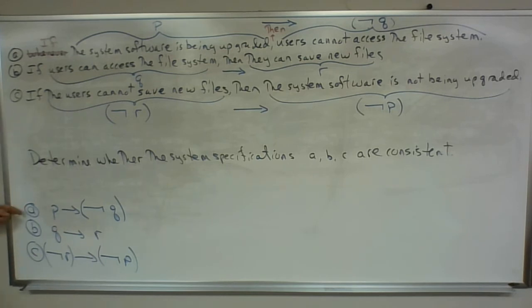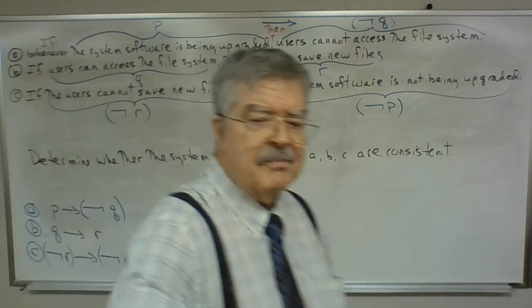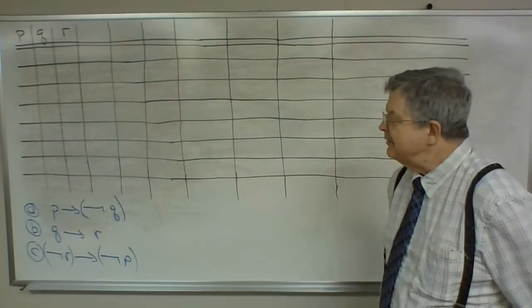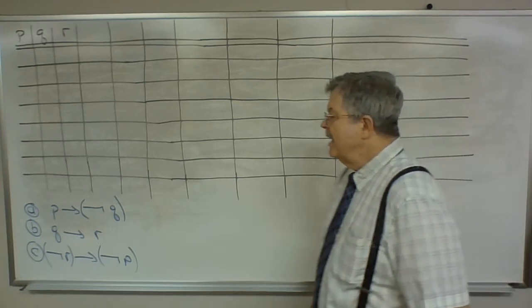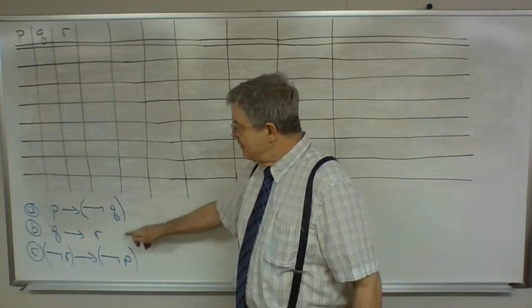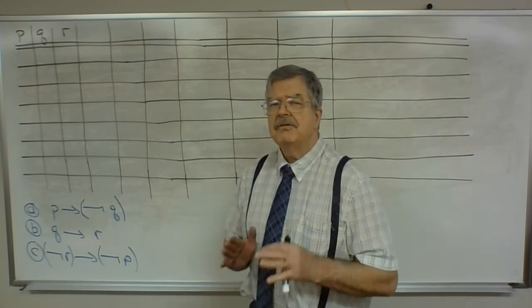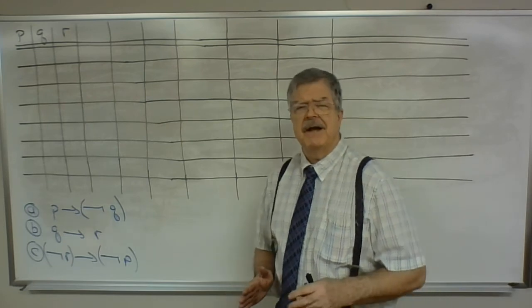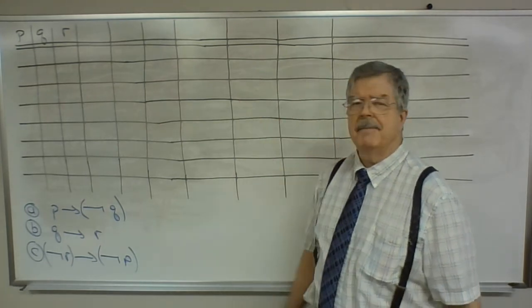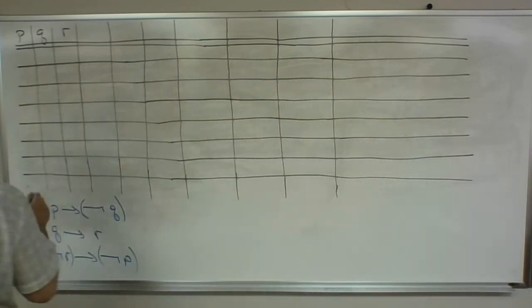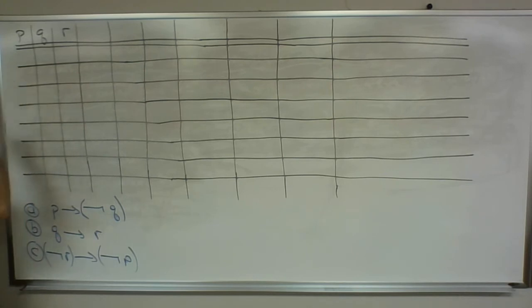So we want to determine whether this system of specifications, A, B, and C, is consistent. It will be consistent if A, B, and C, the conjunction of those three things, is true for at least one truth value combination of P, Q, and R. We have three simple statements, which means there are 8 possible combinations of truth values.